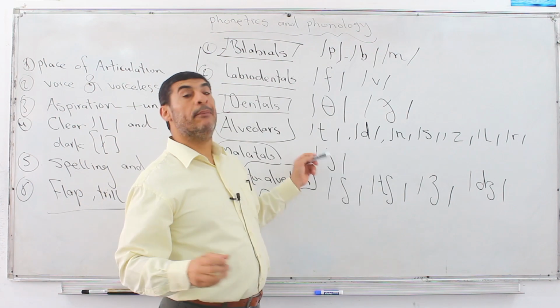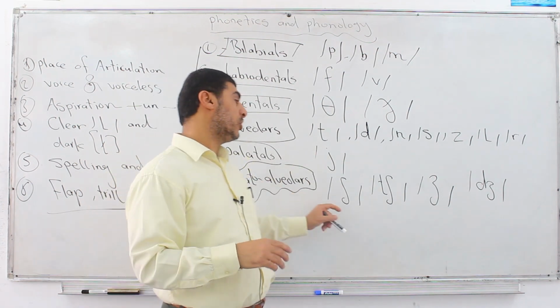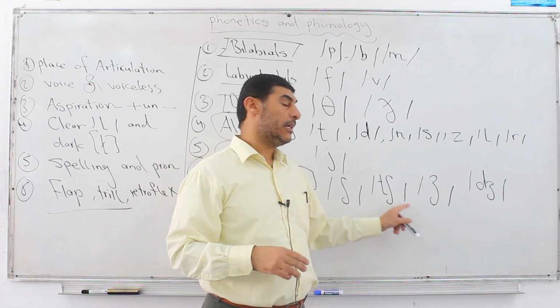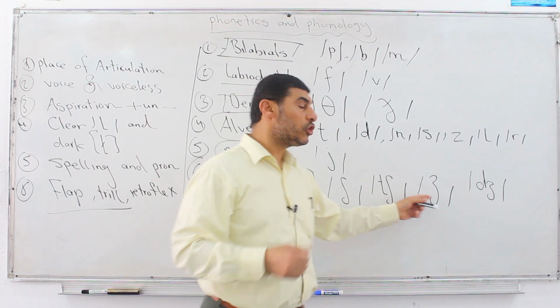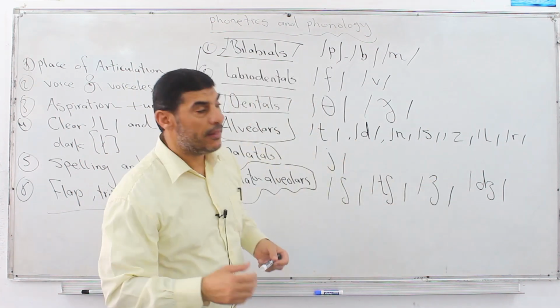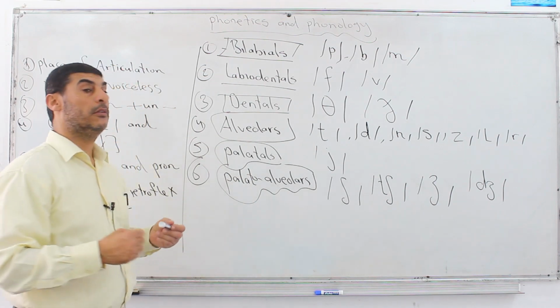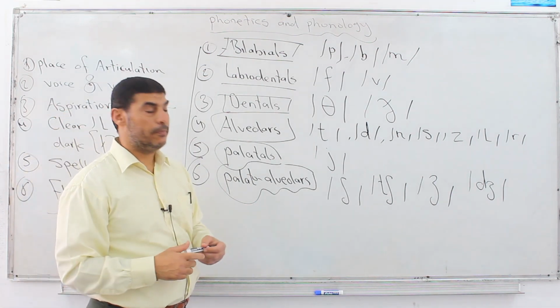So it looks like a palatal sound. So there will be no problem if you call sha, ch, and j palatal sounds. Once again, you will feel that the front of your tongue touches the beginning of the hard palate.